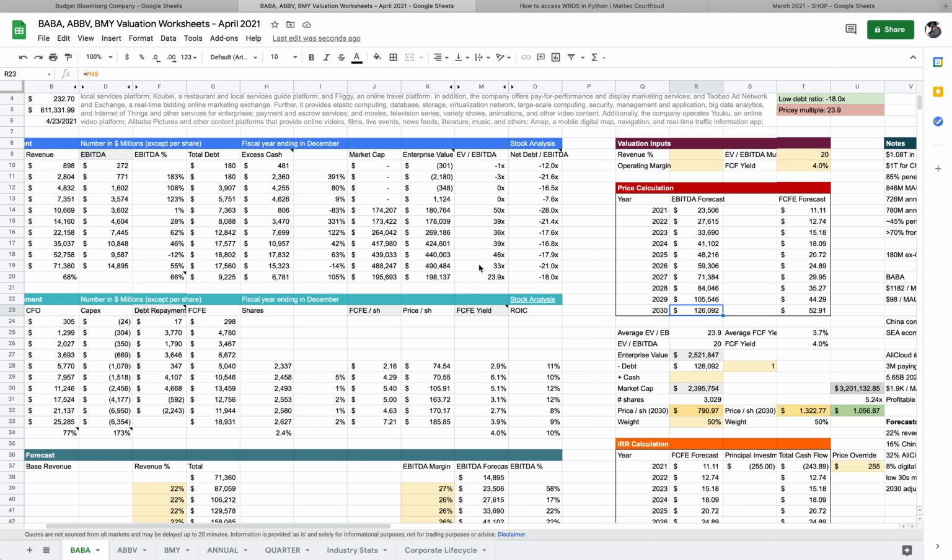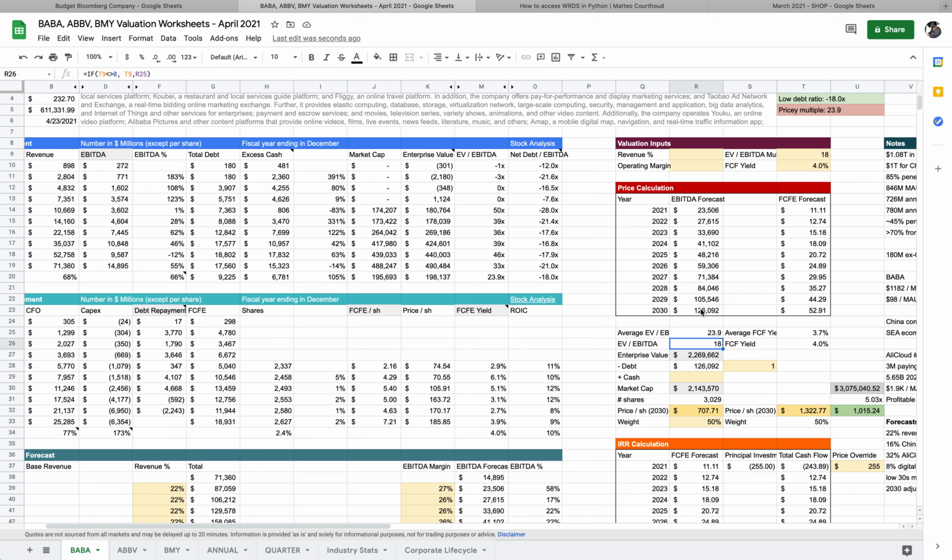We talked about how we were calculating this PE-like multiple called EV over EBITDA. You can choose whatever multiple you want. You can use just the average one, which in this case looks like 24. Maybe you think that's too much, or you want to be a bit less aggressive, so maybe you'll say 20 or 18. We'll use this EV over EBITDA multiple.